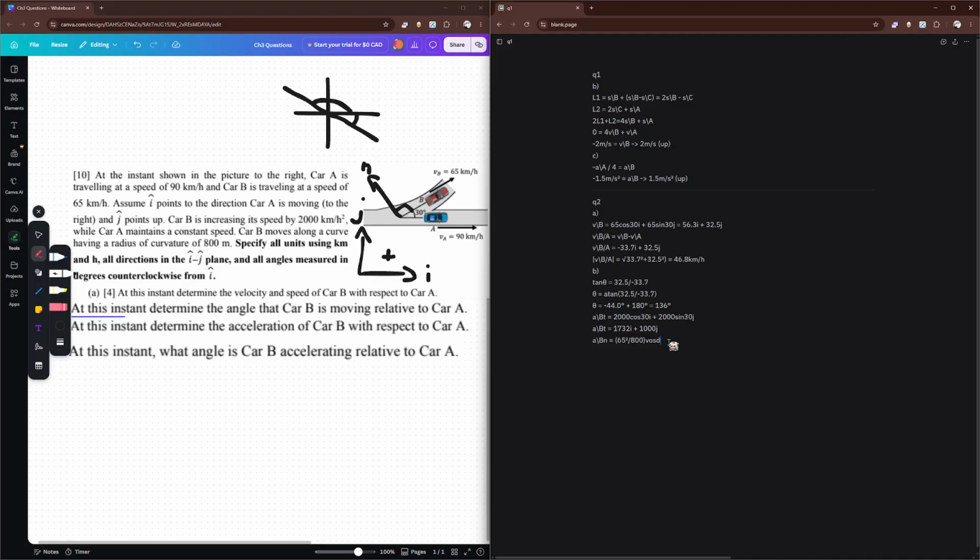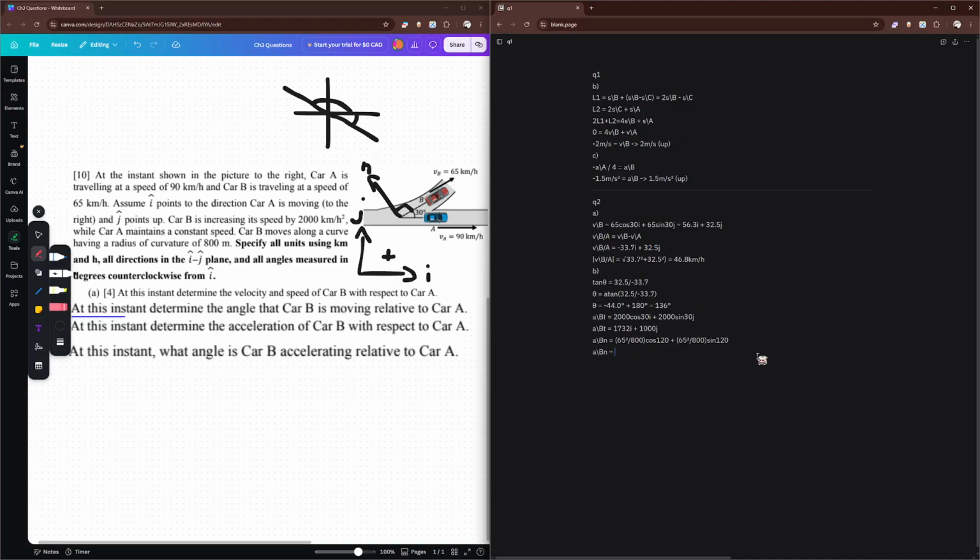So cos 120. And then this is plus this sine 120. So we get an ABN, which is equal to, let me just quickly calculate that, 65 squared over 800 cosine 120 is negative.